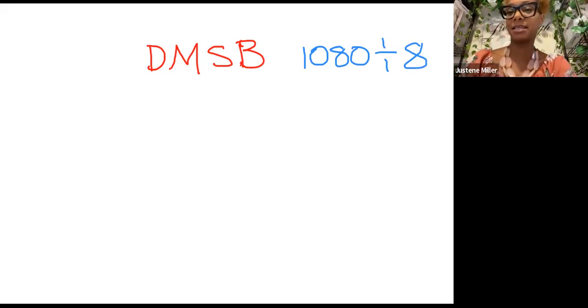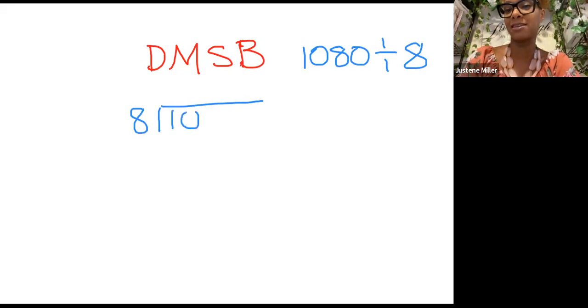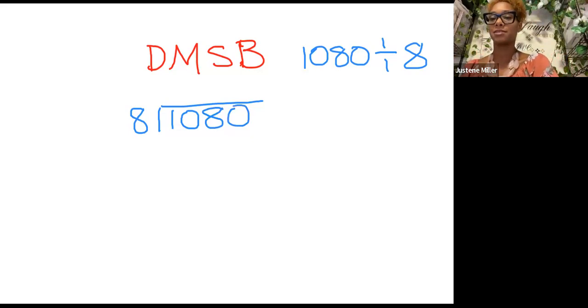Great, let's see how you did. My divisor, here's my house, is outside, which is 8, knocking on for the inside with my dividend of 1,080. Beautiful. All right, let's get started.